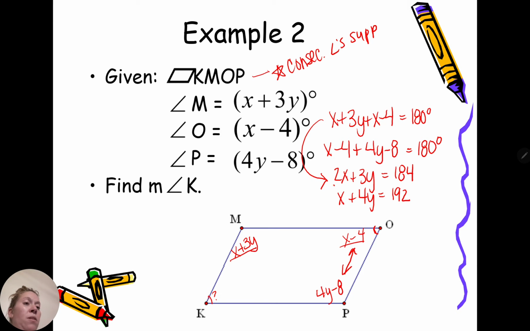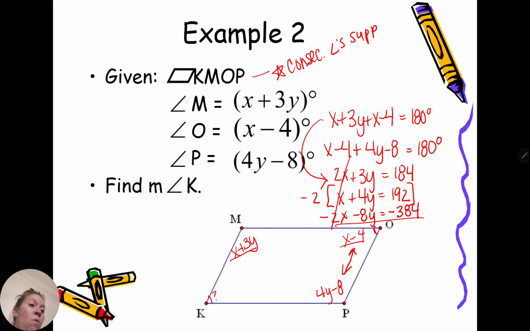I'm going to multiply this all by negative 2, which gives me negative 2x minus 8y equals, let's see, 192 times 2 is 384. Looks right to me. All right, now we're going to eliminate our x values.